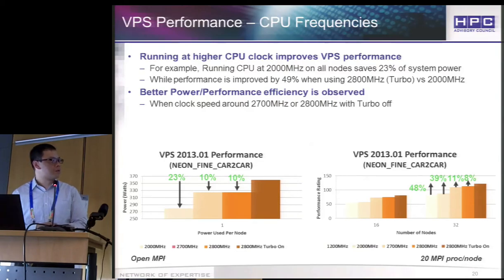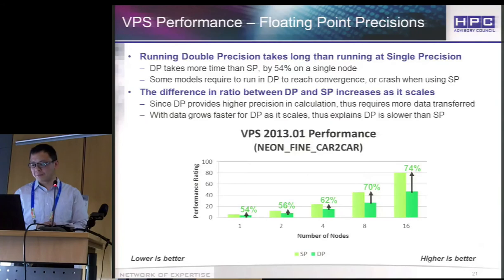Obviously the highest frequency with turbo mode gives you the most benefit. But at what cost? You save around 10% for the two different CPU clocks. And if you lower it to 2000 megahertz, then you suffer. Well, actually, you gain a lot more. Just some of the findings that I was able to make.